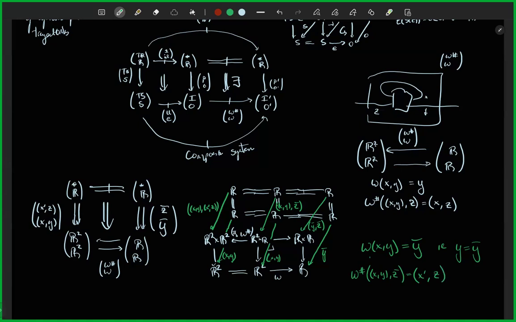But again, we already know what W sharp is. We defined it up there. So we have that x comma z bar is equal to x prime comma z, i.e., x equals x prime and z bar equals z.